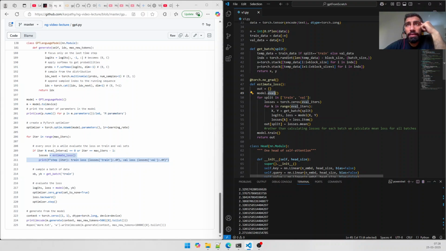So we have train and validation losses. We are initializing an array with zeros where we'll store. Now first we are going through the training. We are calculating the loss. We are storing the loss for all of those batches. Evaluation iteration, we need to specify how much we want to do.